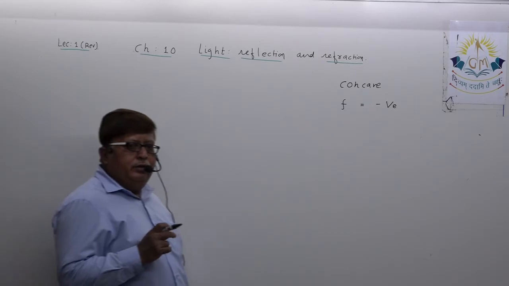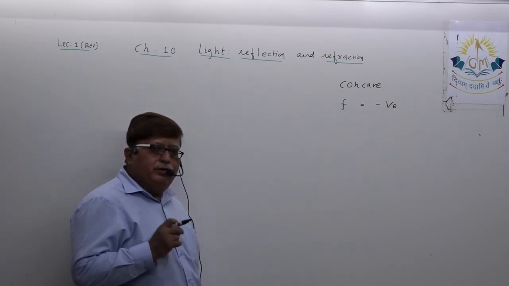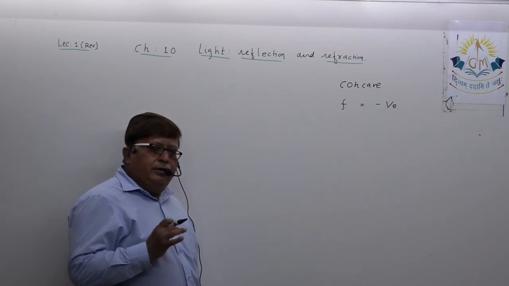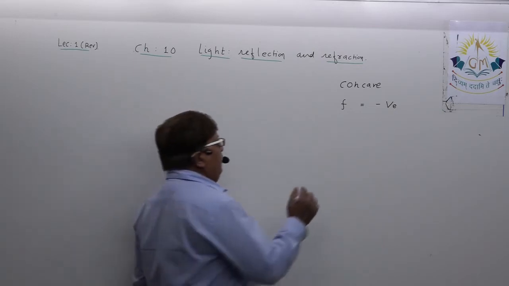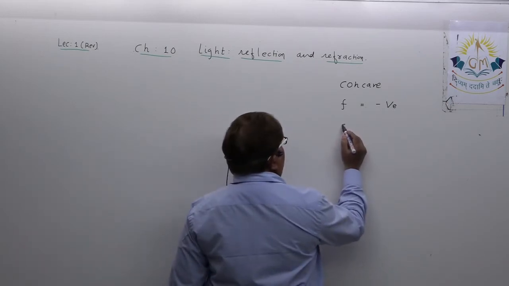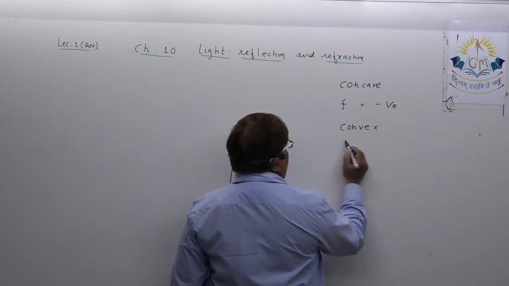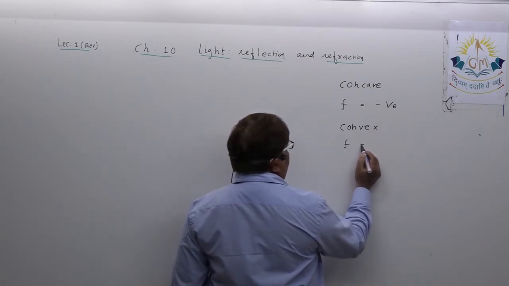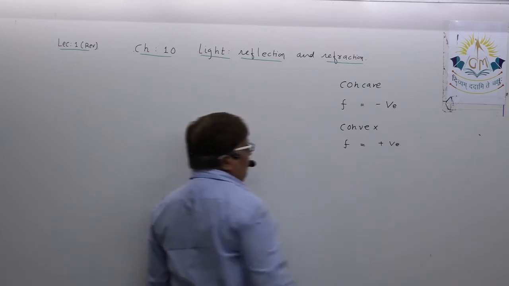Focal length has to be compulsorily taken negative for a concave mirror. But if it is a convex mirror, focal length is always to be taken positive.